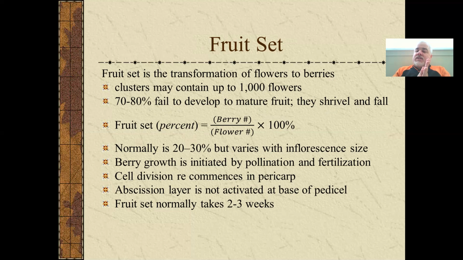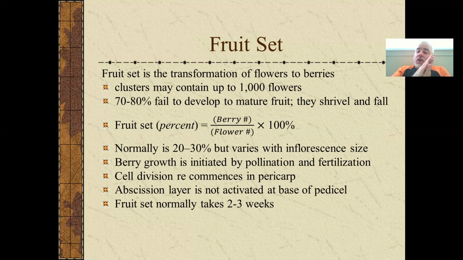And if there is not proper fertilization, 2 layers of cells grow, one at the base of the pedicel and one on the rachis, on the stem. And if those 2 layers of cells develop, they're like a perfect sealing off point and the flower falls.